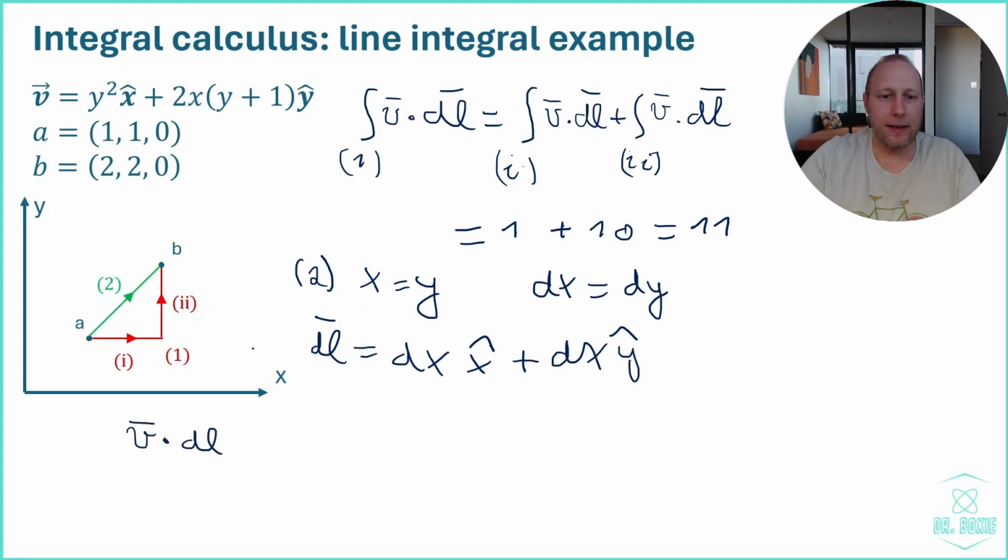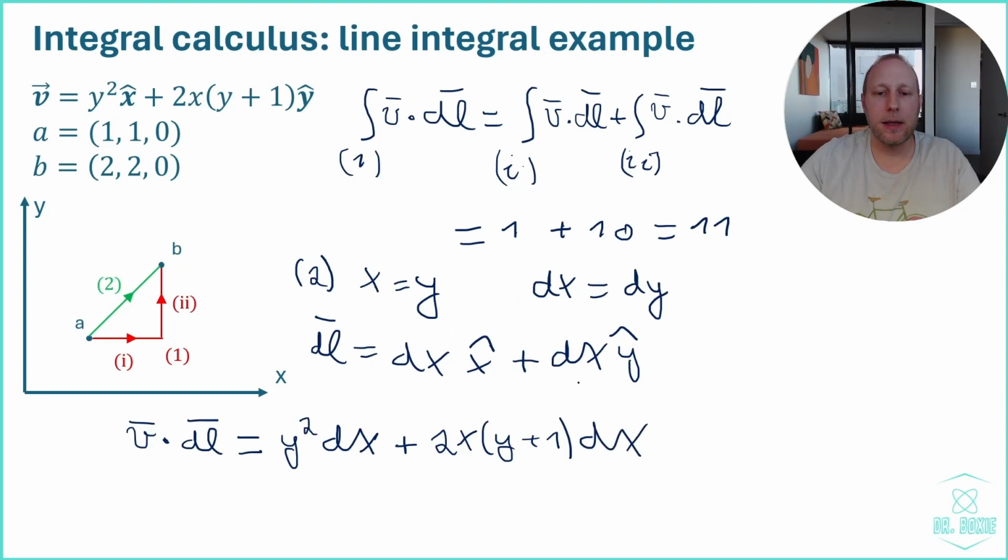And so v dot dl is in this case equal to the x component of v, which is y squared, multiplied with the x component of dl, which is dx, plus the y component of v, which is 2x times y plus 1, multiplied with the y component of dl, which is dx again, plus the z components, but both of these are 0.